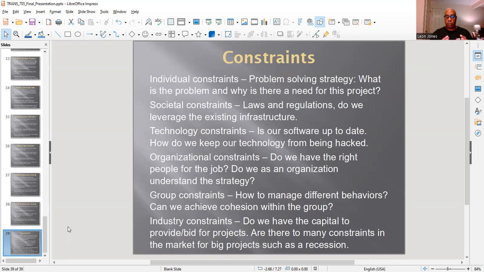Or do we have other interests? Do we need the project right now? And then for our industry, how can we compete with other industries? Because in the construction business, there is a lot of competition.